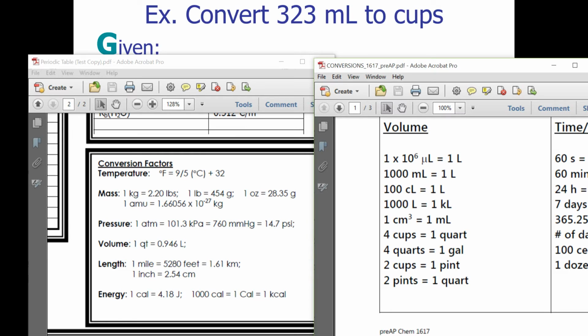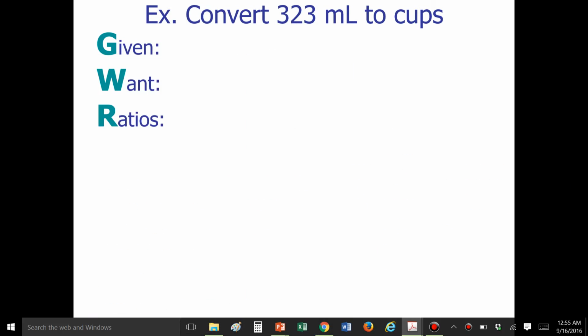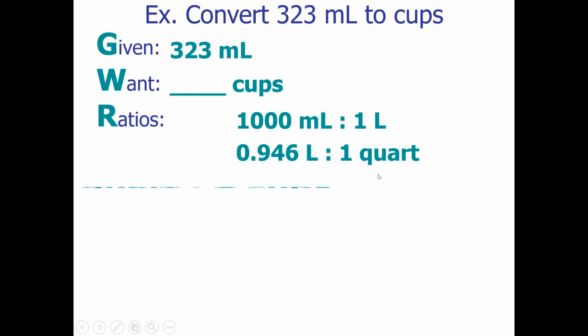So there's my pathway: this conversion takes me from milliliters to liters, this one from liters to quarts, and this one from quarts to cups. All of those ratios are going to be used in this problem, and here they are: milliliters to liters, liters to quarts, quarts to cups.